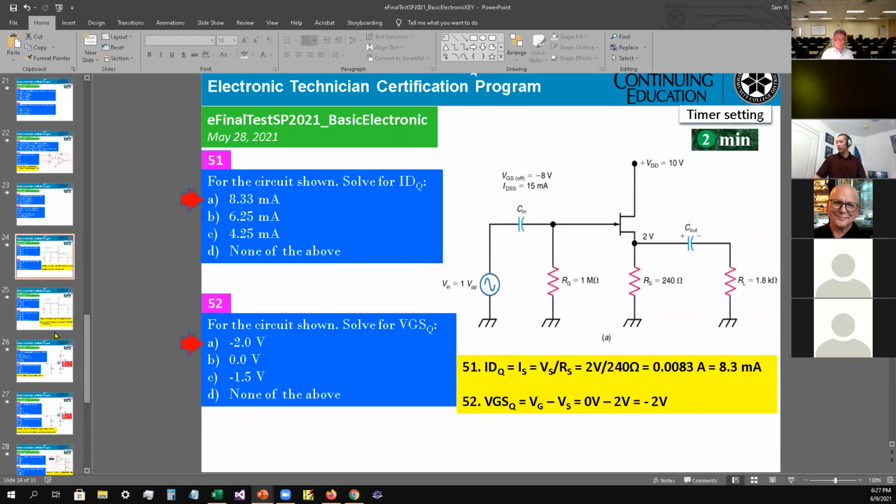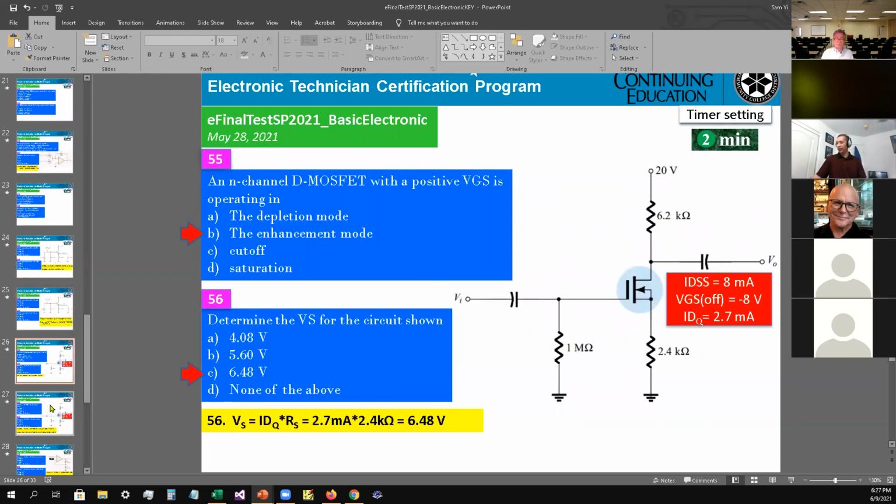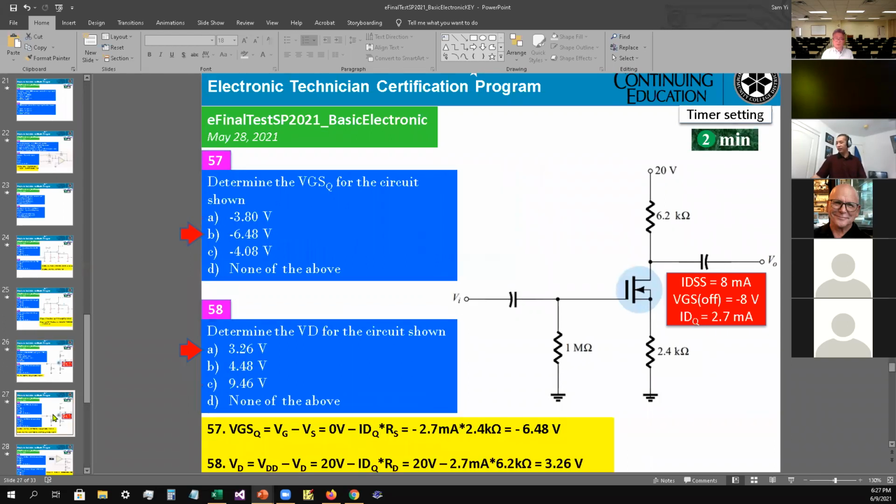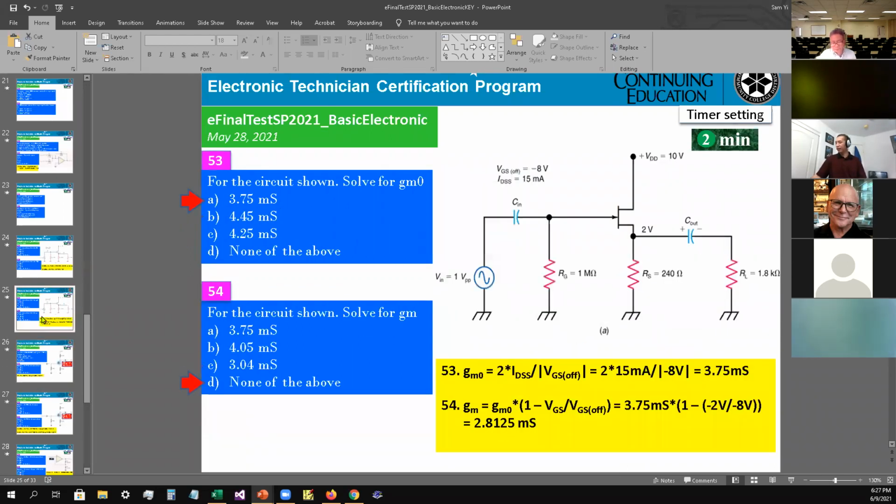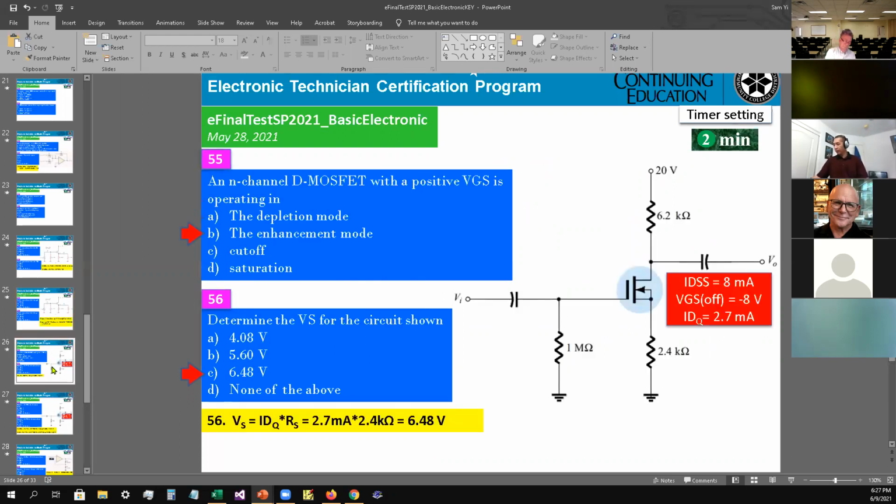No, not from the previous step, it's what was given, it's on the red. Okay, thank you. IDQ is 2.7. Okay, yes. So the answer is C as in cat for number 56.